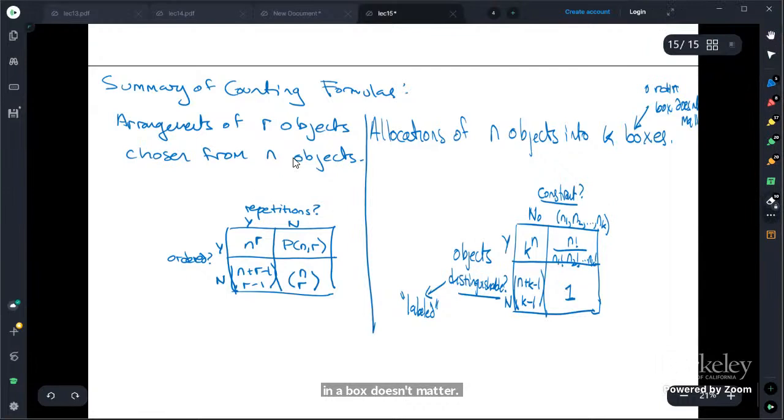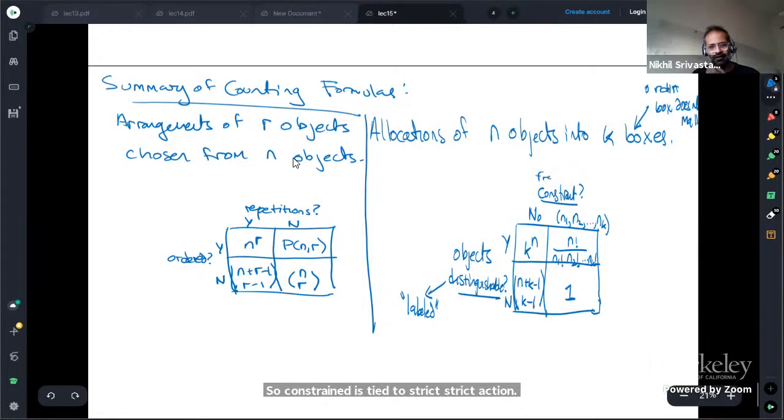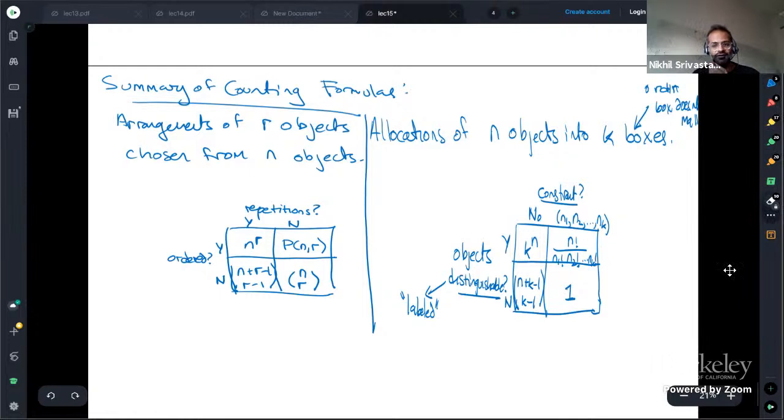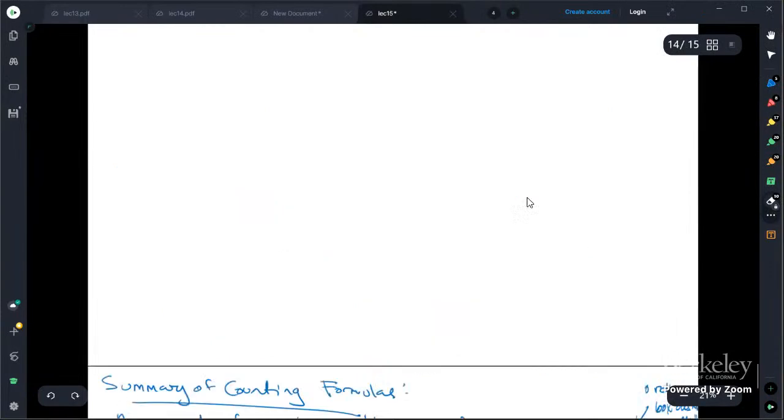So like a constraint is like a restriction in arranging them into boxes, like every box needs to have something, right? Yeah, so you can call this a frequency constraint, or just a count. Every box needs to have a particular number. Yeah, that's what I mean by the constraint.